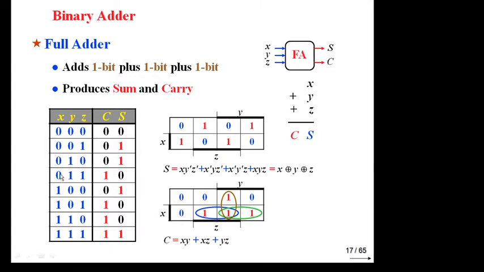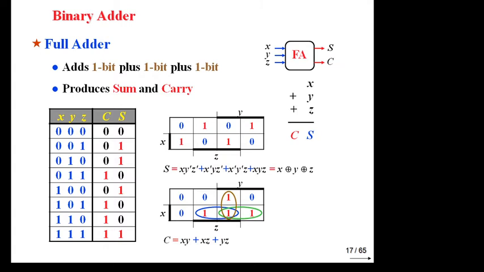In this case the majority is 2 inputs, in this case 2, in this case 3. So in this way you can remember the value of carry. Carry is 3, 5, 6, 7 and sum is 1, 2, 4, 7.